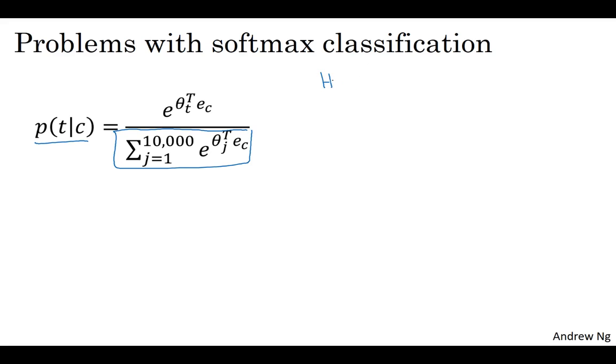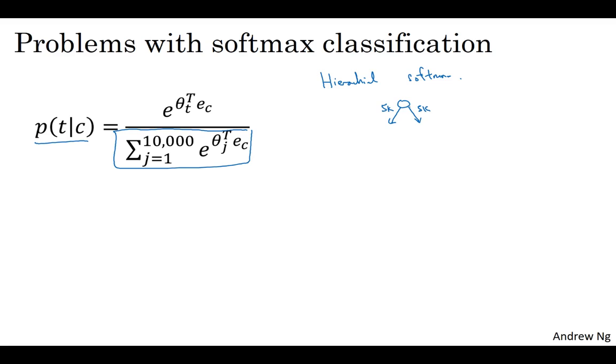So there are a few solutions to this. One which you see in the literature is to use a hierarchical softmax classifier. What that means is, instead of trying to categorize something into all 10,000 categories in one go, imagine if you have one classifier that tells you, is the target word in the first 5,000 words of the vocabulary, or is it in the second 5,000 words of the vocabulary?